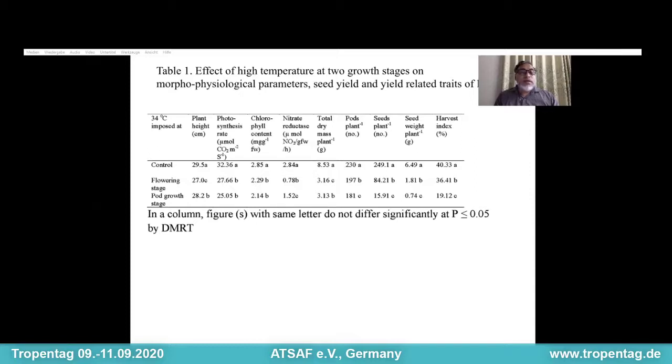However, high temperature imposed at pod growth stage had more negative influence on plant growth parameters.